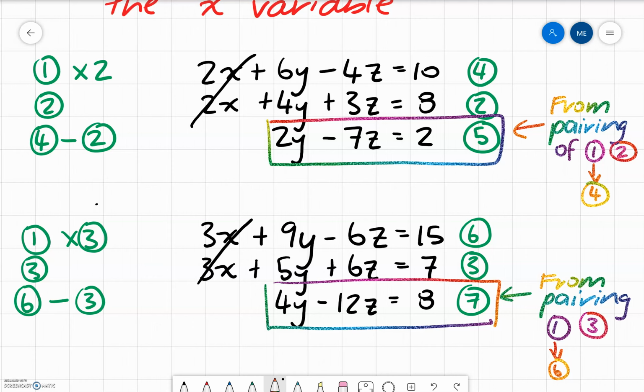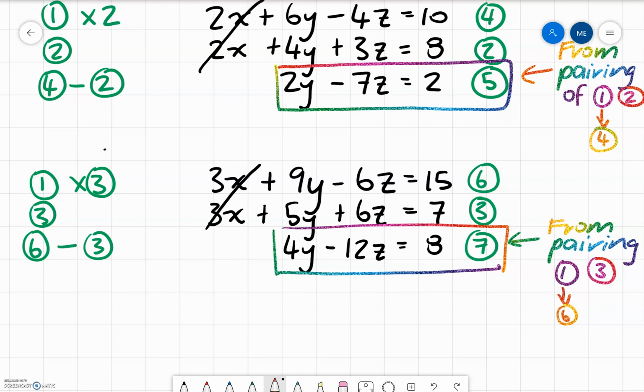Now, when I look at those two equations, I notice that if I take equation 7 and divide it by 2, that will leave me with 2y, so I can use that to cancel out the y's.